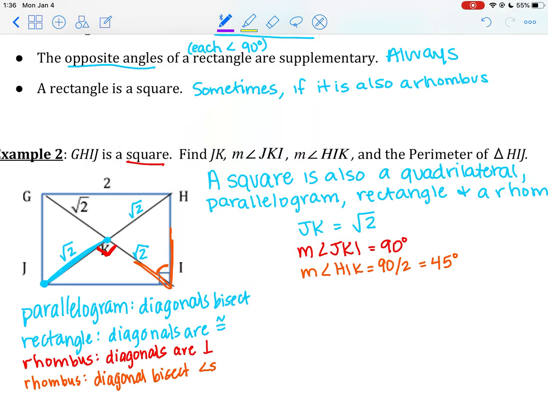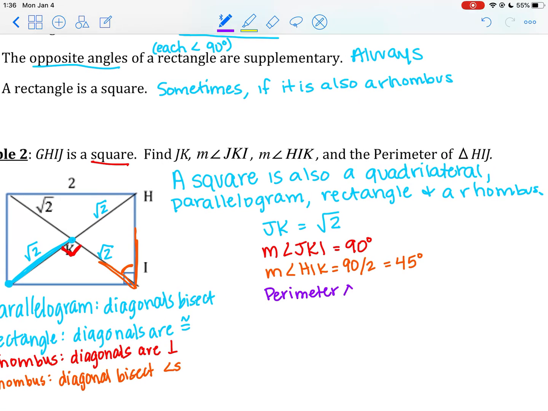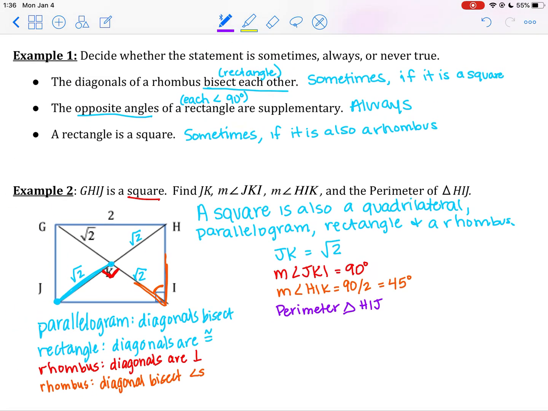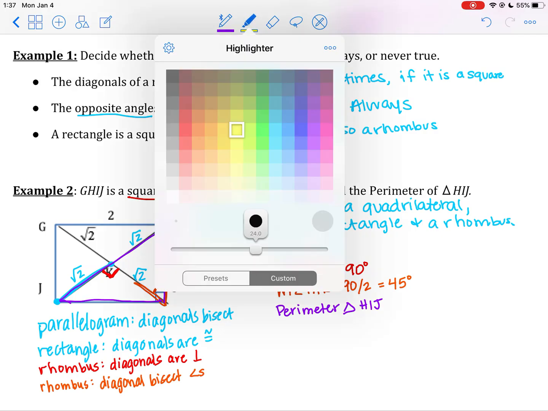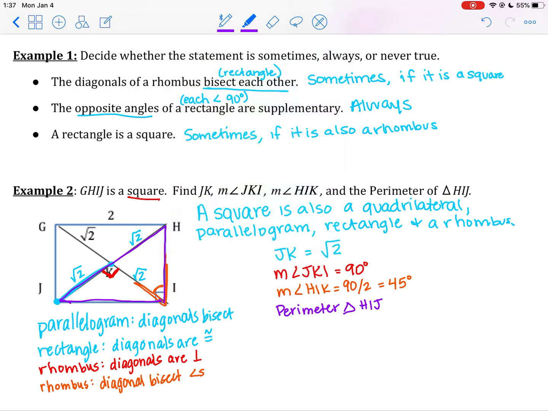All right, the last thing we need to figure out is the perimeter of triangle HIJ. So first, let's highlight what we're looking at. HIJ is this triangle here. We're going to have to look at some different things to figure out what we're working with.